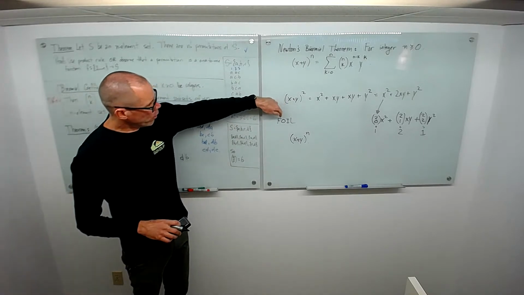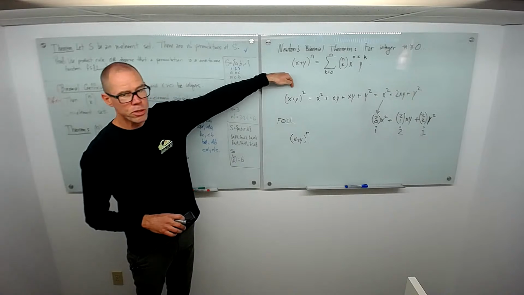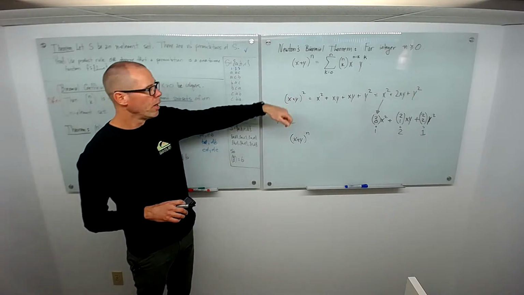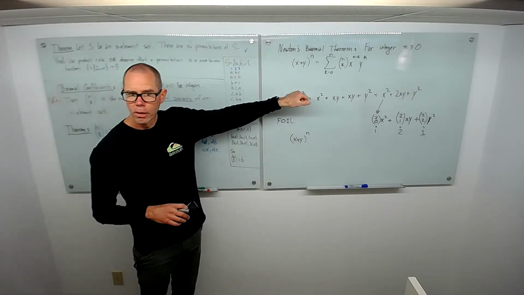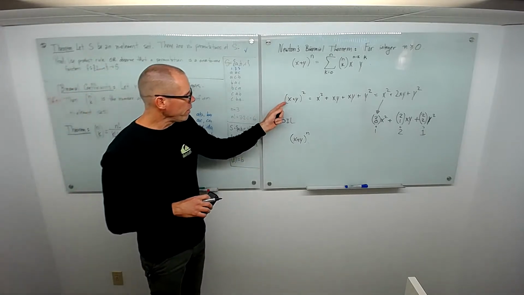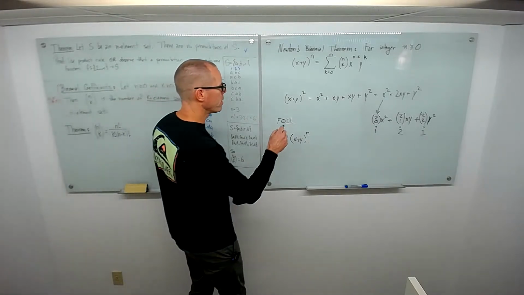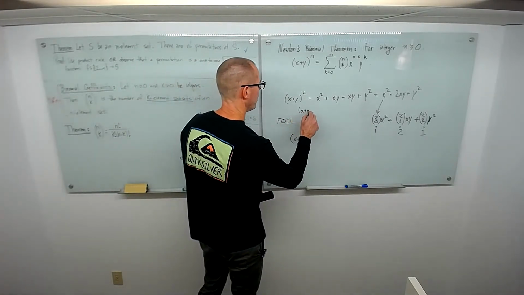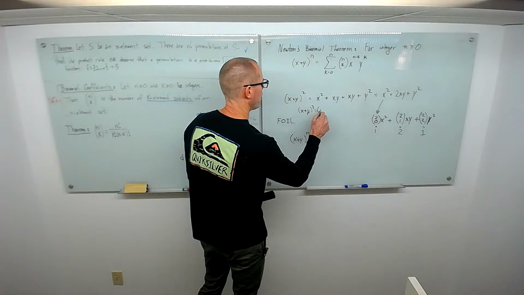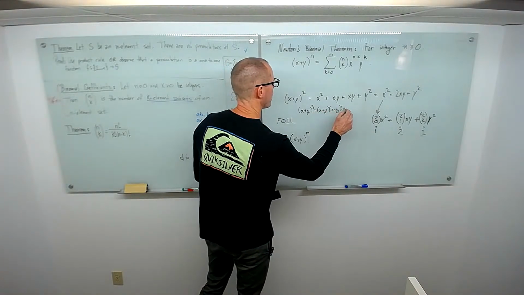this rule, FOIL, first, outside, inside, last, which is the one we use when n equals 2, gets kind of long. In particular, when you have a power 3 here, that gives you x plus y cubed. That's x plus y times x plus y times x plus y.